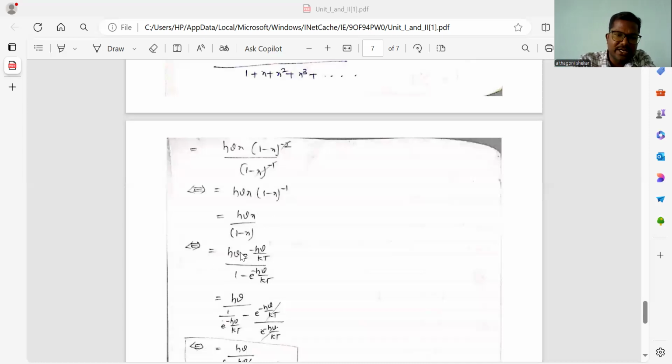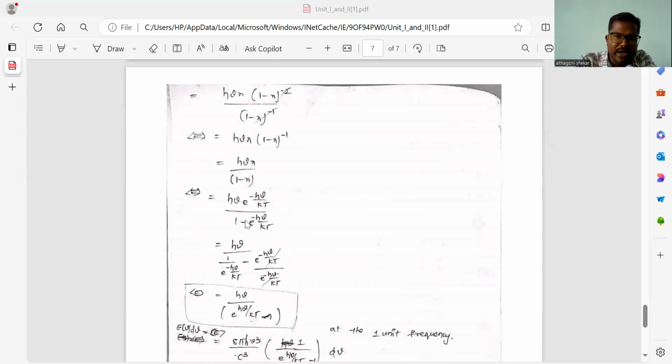What is the x value? We know that x equals e raised to minus h mu by kt, because we already assumed the x value. The x value is substituted as e raised to minus h mu by kt. Next, numerator and denominator are divided by e raised to minus h mu by kt.